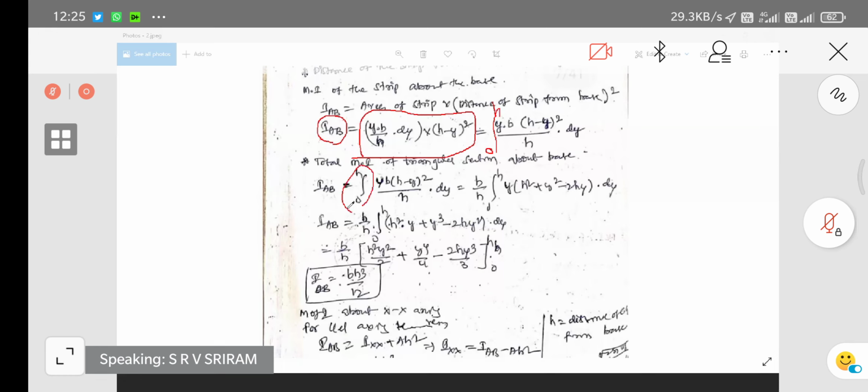So from 0 to h, the differential element value is yb by h into dy, into (h minus y) whole square. So the total dA value multiplied by the distance squared is this, into dy.